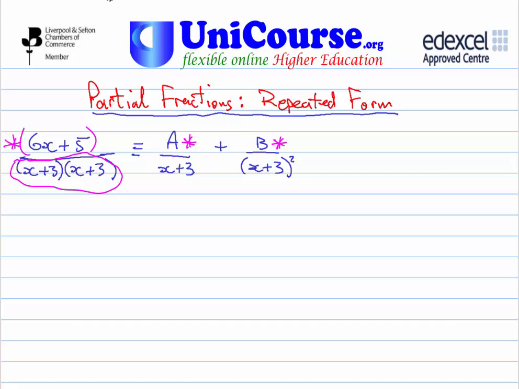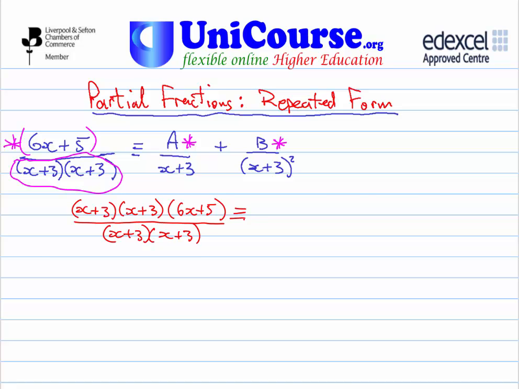That will give us x plus 3 times x plus 3 times what was already there, which was 6x plus 5, all sitting over x plus 3 times x plus 3, of course.